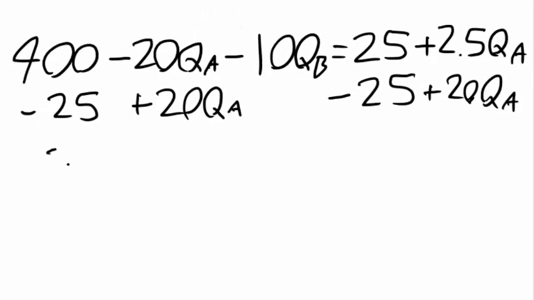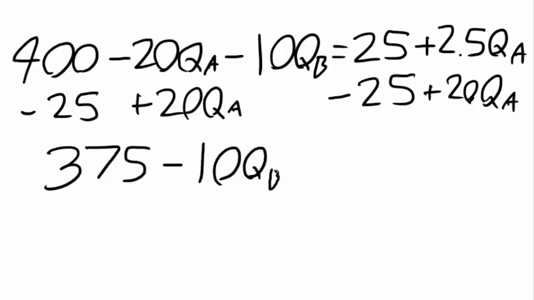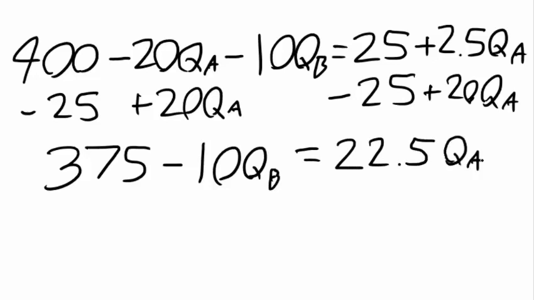And we'll get 375 minus 10 QB equals 22.5 QA.